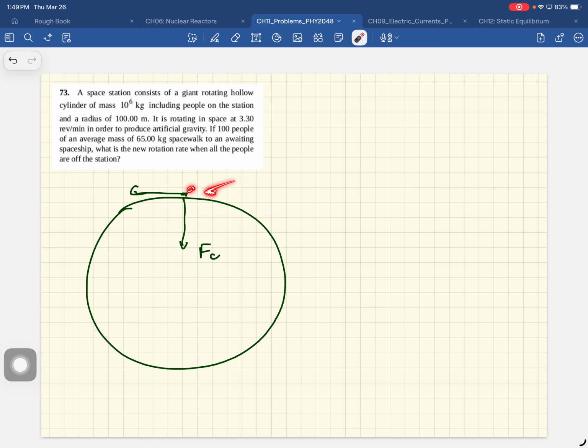Okay, so that's the new moment of inertia, the new mass times radius squared.